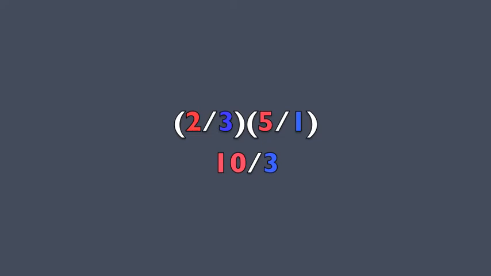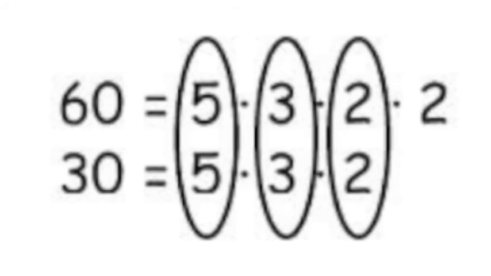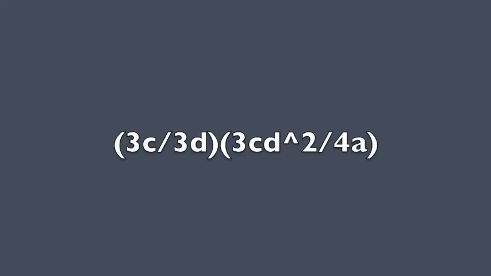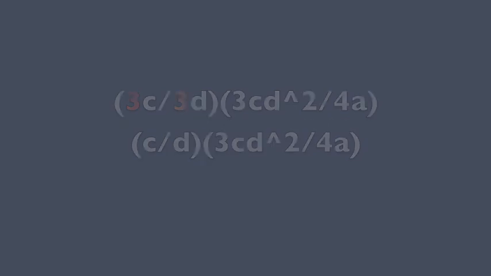Now let's add variables. So when you add variables, you have to factor numerators and denominators before you multiply. Then you have to eliminate common factors, then simplify. So 3c over 3d times 3cd squared over 4a. First, you have to factor the numerators and the denominators. You factor out 3 from 3c over 3d to get c over d.